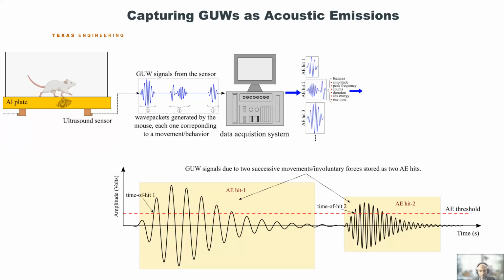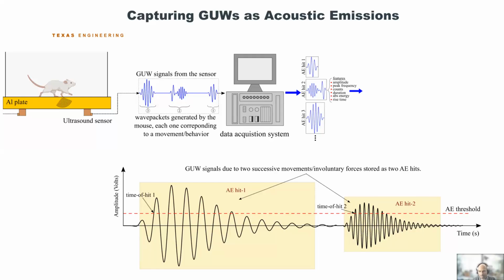So basically, we treat the animal like an acoustic source, and each of the generated ultrasonic waves, or wave packets, is stored as a discrete hit, so that each hit corresponds to a behavior, or a motion, or an involuntary force, like from a physiological process.